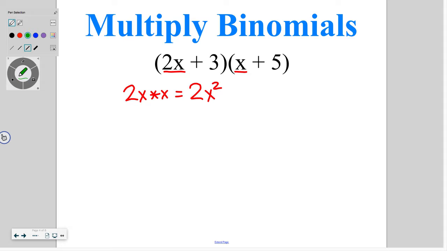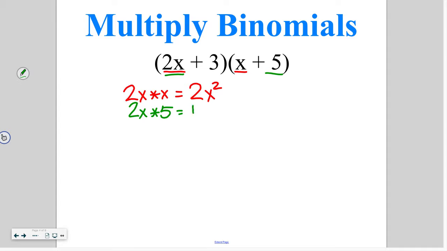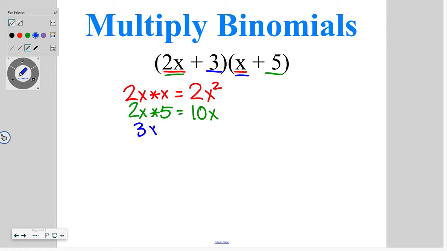Then I'm going to go ahead and look at my outside terms, which is 2x times 5, which gives me 10x. And then I'm going to look at my inside terms, which is 3 times x, or 3x. And then I'm going to look at my last terms, which is 3 times 5, giving me 15.